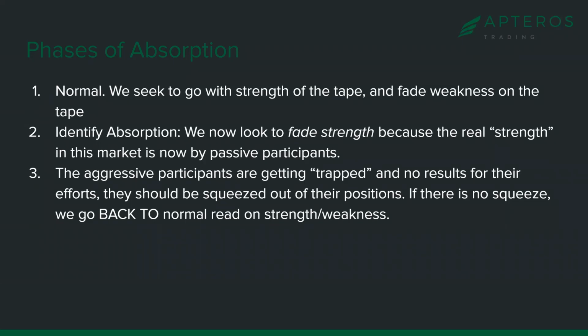Because at the end, we never know what's going to happen next at any point in time. But I think absorption has a cause and effect relationship. If those participants that were absorbed are short-term participants, and they either don't care to squeeze out, or the other side of the tape can't squeeze them out, I'm going to shift back to going with my normal read on order flow, with the aggressor.